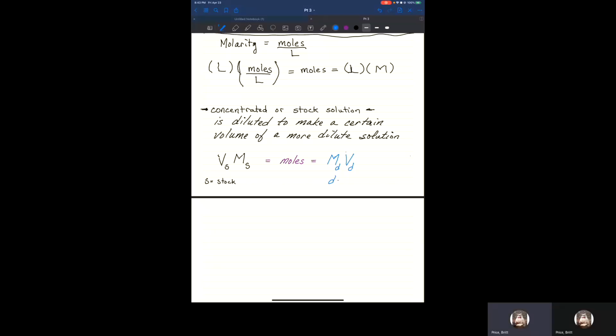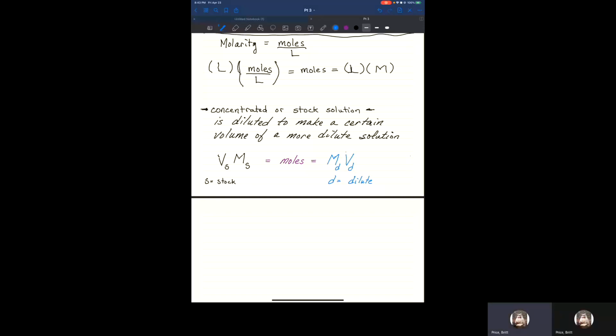So D equals dilute. And I usually have these flipped. It really doesn't matter the order in which you multiply.